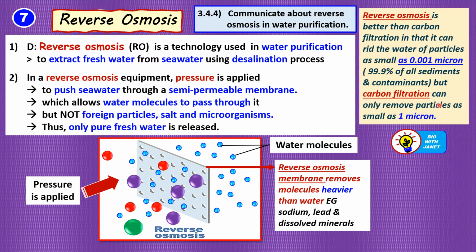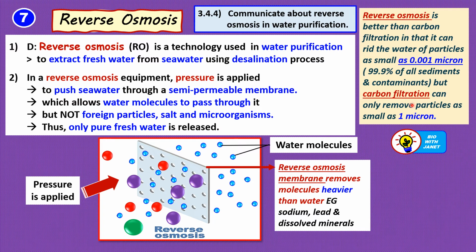Whereas carbon filtration can only remove particles as small as 1 micron, but not smaller than 1 micron. For reverse osmosis, you can remove particles as small as 0.001 micron. Now this is just a fun fact. You don't have to remember this.